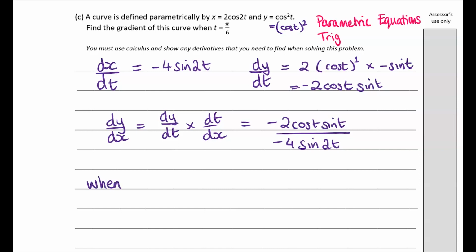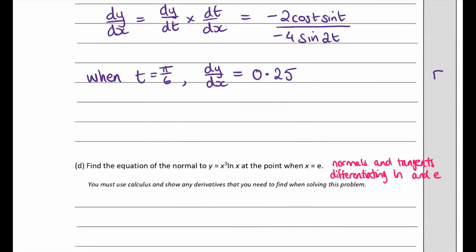Now we need to find when t is pi by 6, dy by dx will be, and put pi by 6 into this equation of dy by dx that we have, and that will come out quite nicely on your calculator as 0.25. Just make sure your calculator is in radians mode, because the value of t that we've got there is in radians. Now this one would be an R mark. If you did some correct differentiation earlier on, you'll probably get the U mark somewhere along the way there.